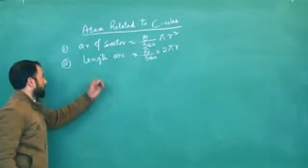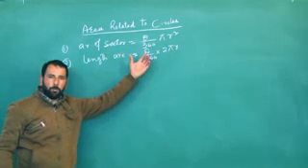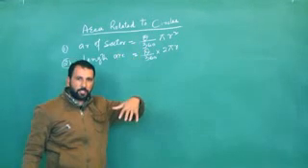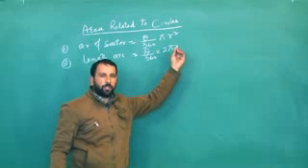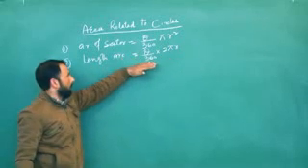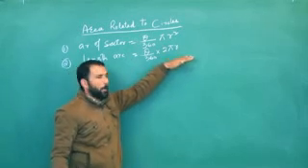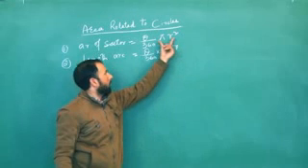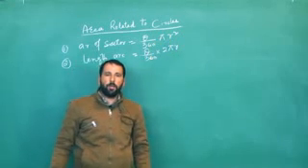We know that theta is the sector angle and r is the radius of the circle. 2 pi r is the circumference of a circle, and pi r square is the area of a circle.